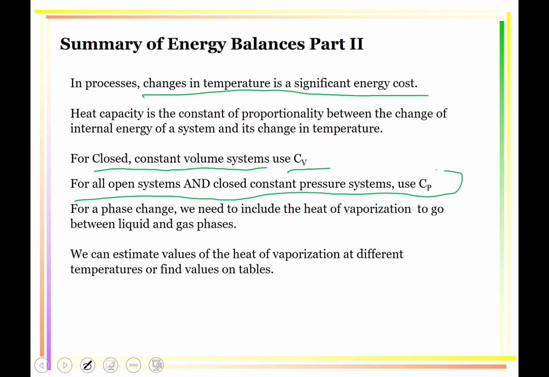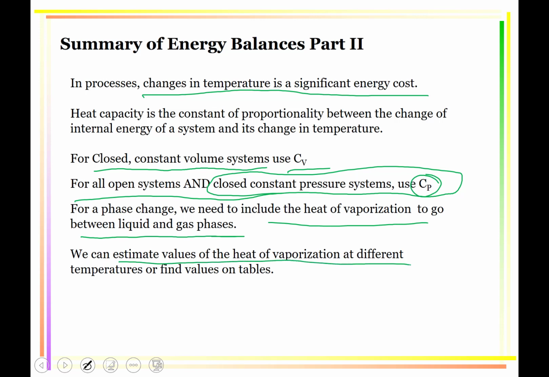Also, and I didn't explain this, we will also use CP for open systems that are at constant pressure. For a phase change, we need to include the heat of vaporization to go from a liquid to a gas, or from a gas to a liquid if we're cooling. And we have ways to estimate values of the heat of vaporization at different temperatures.